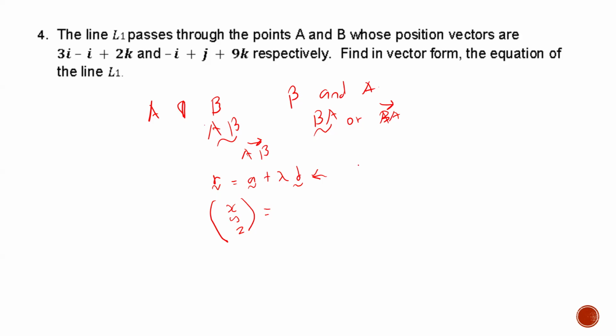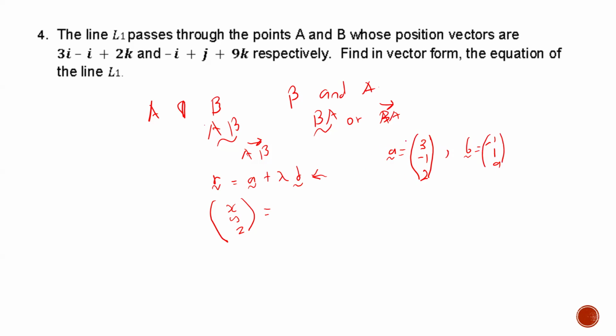The position vectors of these points are a = (3, -1, 2). By the way, that i you're seeing was supposed to be a j, it's just a typo. Then the position vector of point b, and I'm using small letters because these are position vectors, is (-1, 1, 9). Don't forget the brackets.